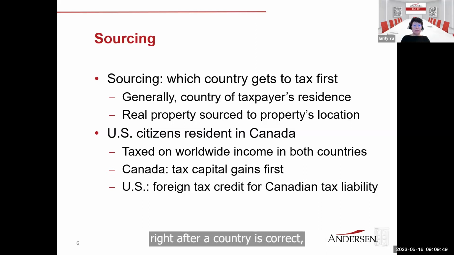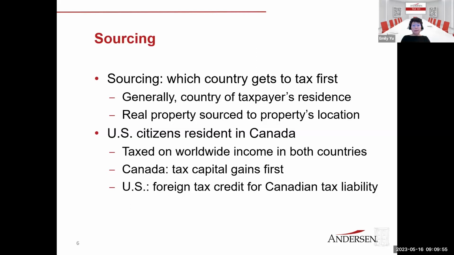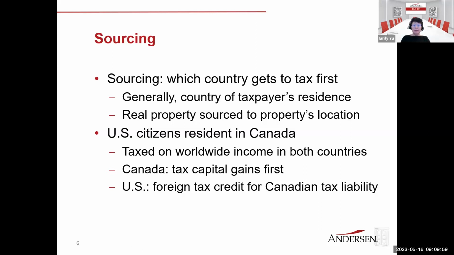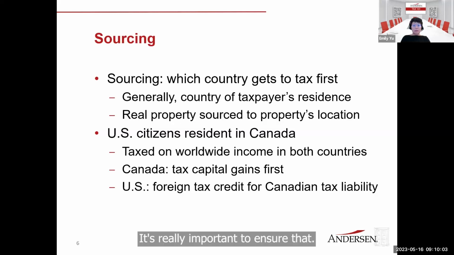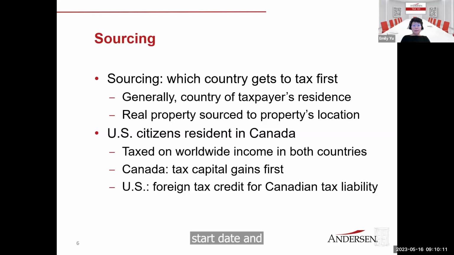We often have clients moving from one country to the other because of all these sourcing and taxing right issues. It's really important to ensure that we know the residency status, residency start date, and the realization time of the income.